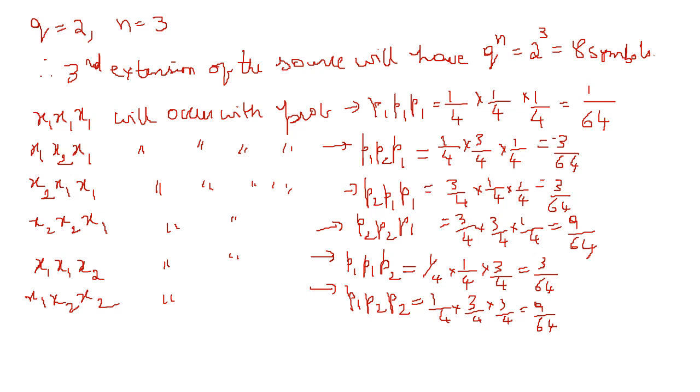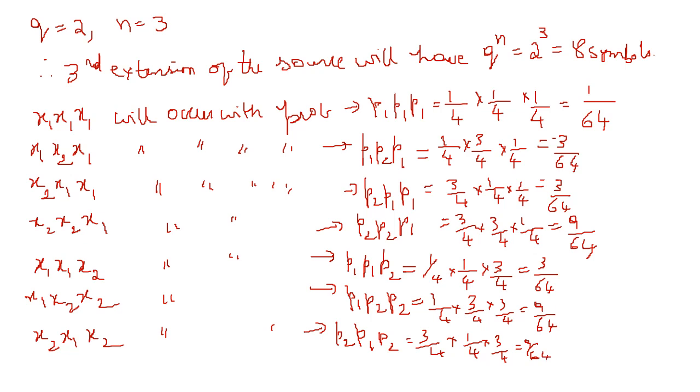The next message will be x2, x1, x2, and this symbol will occur with probability P2, P1, P2, which is equal to 3/4 into 1/4 into 3/4, which is equal to 9/64.